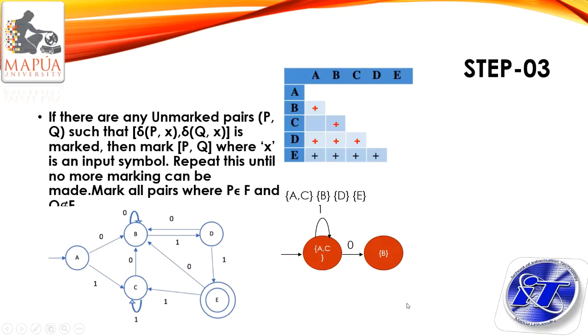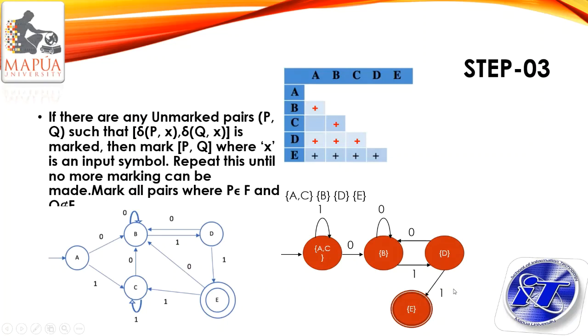Okay, and then while in B, if it's 0, it will just loop within itself. If it's 1, it will go to D. Okay, but for D, if it's 0, it will go back to B. If it's 1, it will go to E.